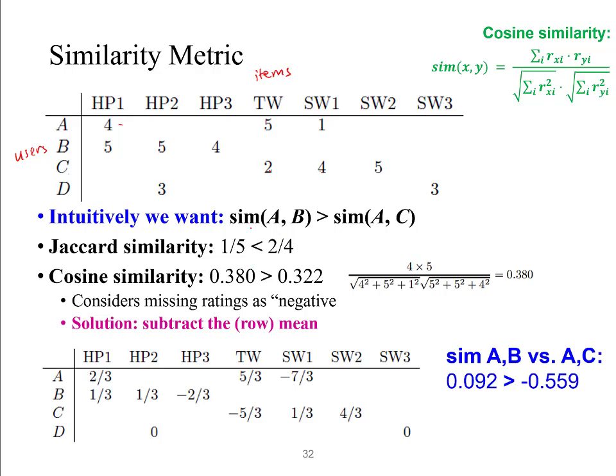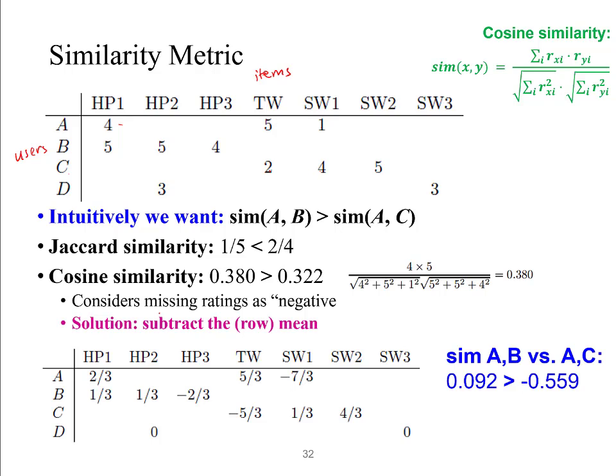So with Jaccard similarity, we get the similarity between A and B smaller than between A and C. And for cosine similarity, if you do the computation for A and B and for A and C, you would have that A and B is slightly larger than A and C. And as we mentioned before, cosine similarity essentially considers missing ratings as negative.